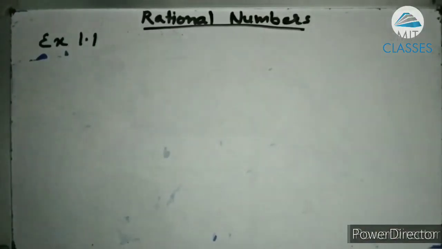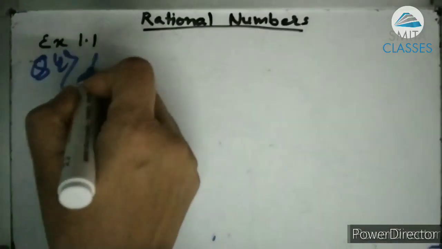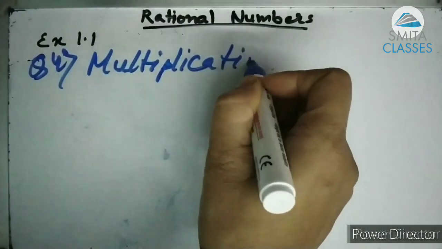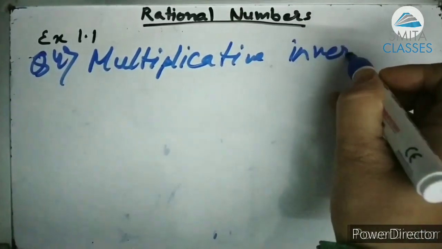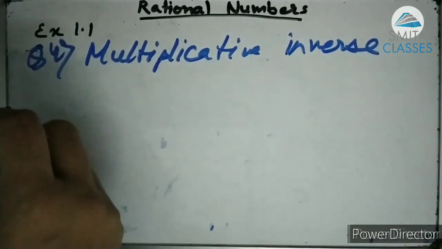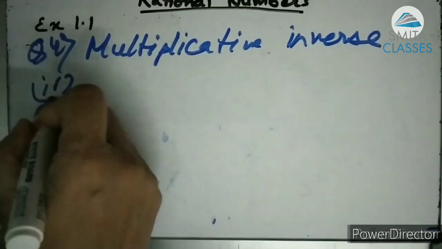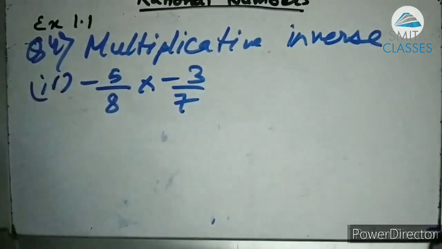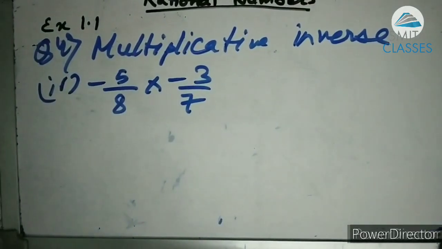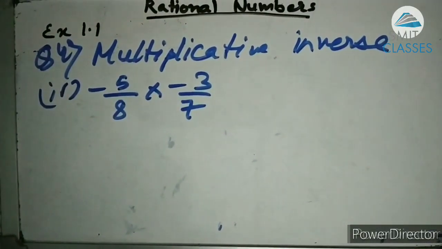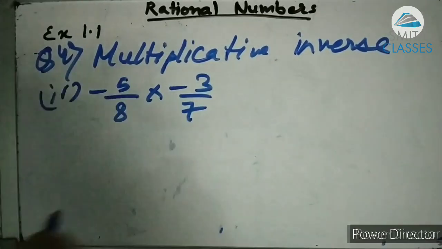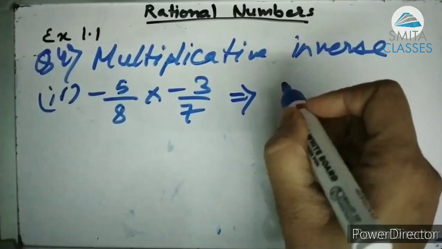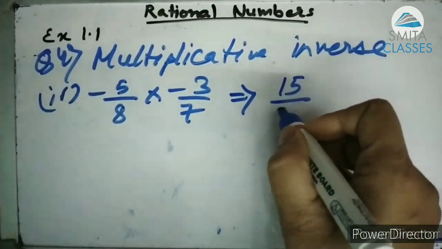In question 4, they are asking to find the multiplicative inverse. I will do the fourth bit of it. The question is minus 5 by 8 into minus 3 by 7. If I solve it, I get the answer as, minus into minus is positive, 15 by 56.